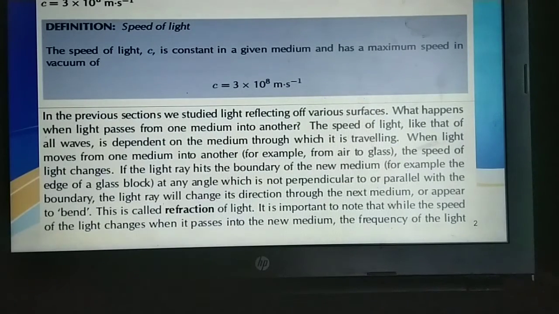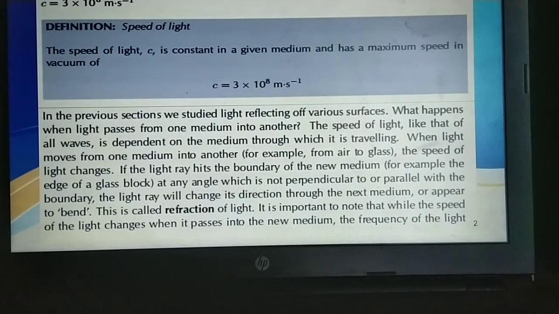So the speed of light is like a wave, it's depending on the media through which it is traveling. So when the light moves from one media into another, for example, from air to the glass, the speed of light changes. It's just like you running, and then when you hit the wall, you change the speed. That is just like how the light moves.